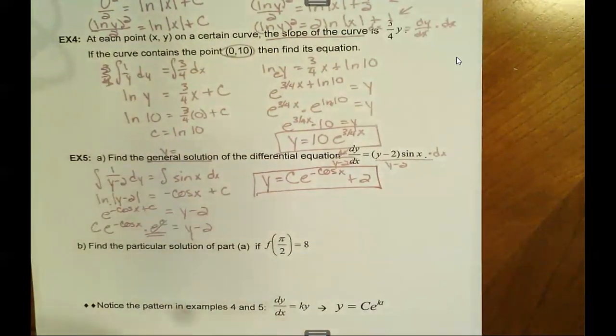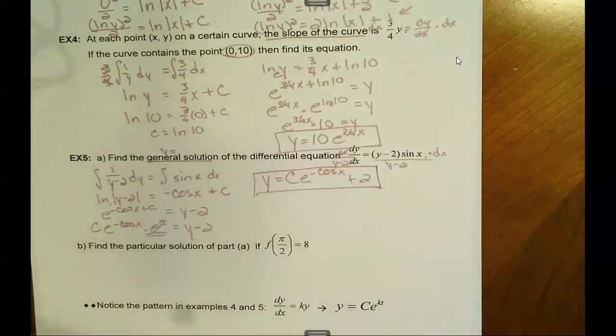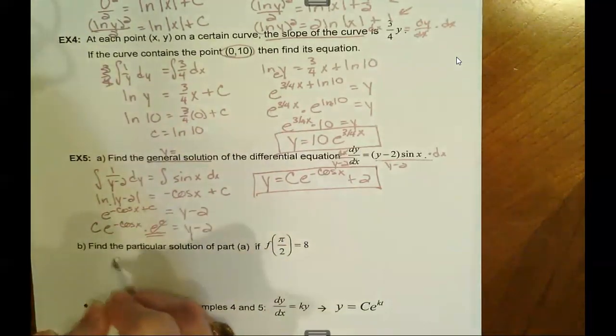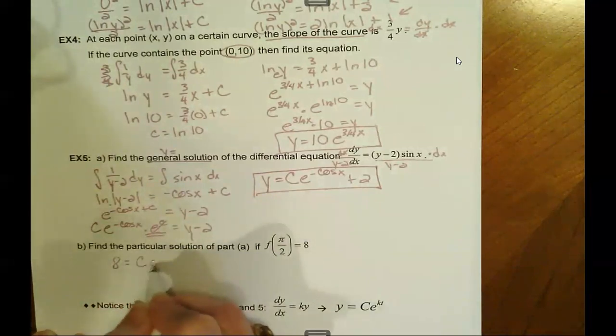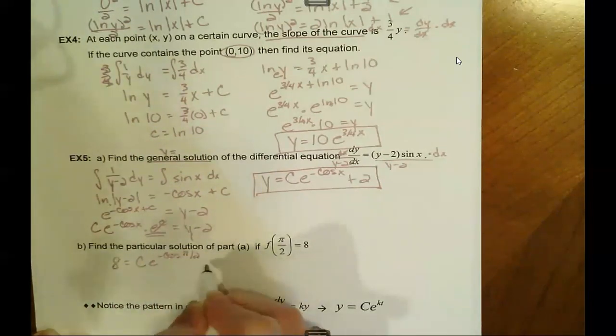By general solution, it means that we didn't solve for c. We don't know what c is yet, but this equation would work for whatever value of c. Okay, so in the next part, they want us to use our equation to find the particular solution if x is pi halves and y is 8. So 8 equals c e to the negative cosine of pi halves power plus 2.